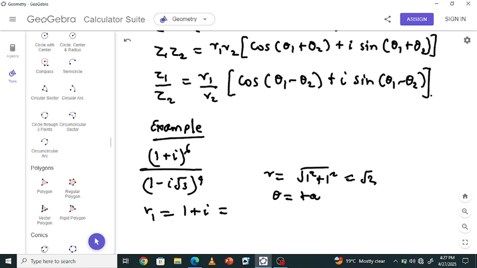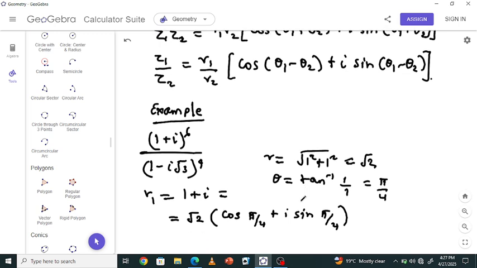Theta is tan inverse 1 over 1, which gives us pi over 4. That's 45 degrees. And now our z1 will be root 2 into cos pi over 4 plus i sin pi over 4.